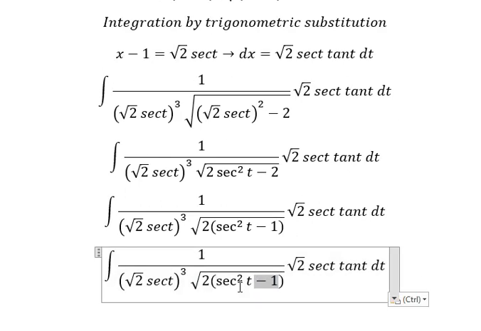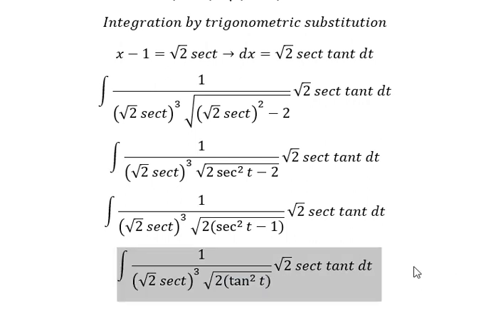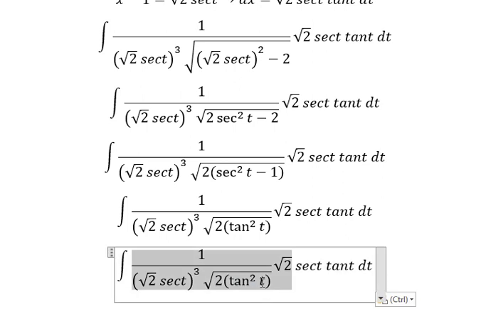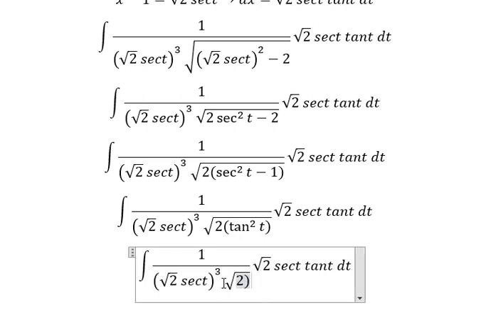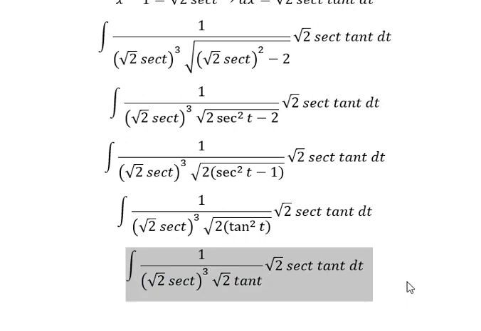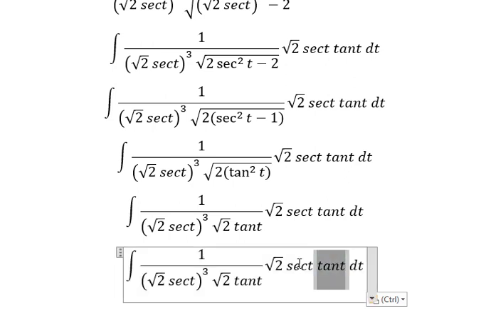This one that is about tan t square. The square root of this one, we have the square root of number 2 tan t. Later that we need to simplify the square root of number 2 secant of t tan t.